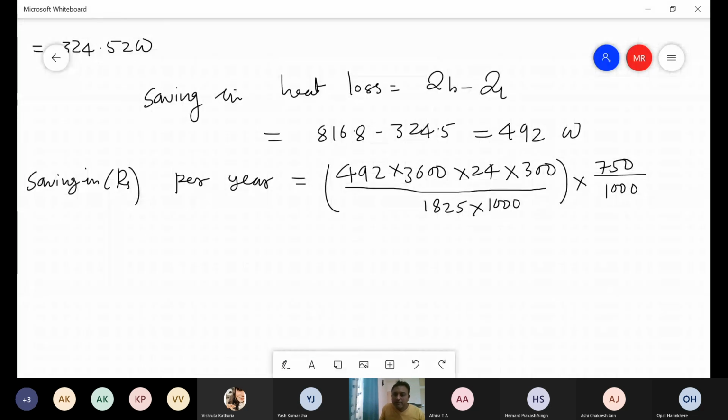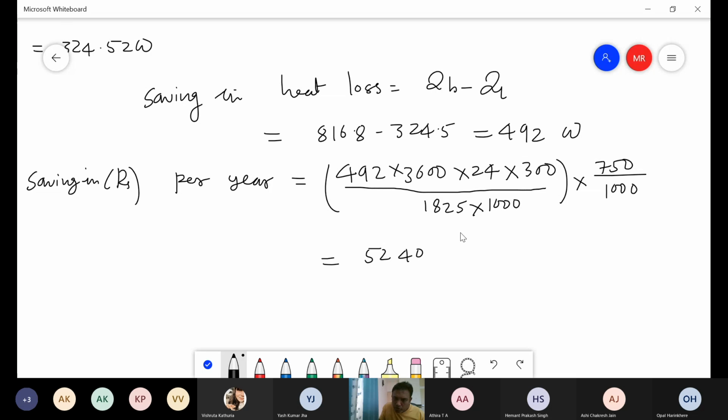Are you all able to understand what I have done? So this is going to give me around 5240 rupees saving per year. Are you all able to understand what we have done here?